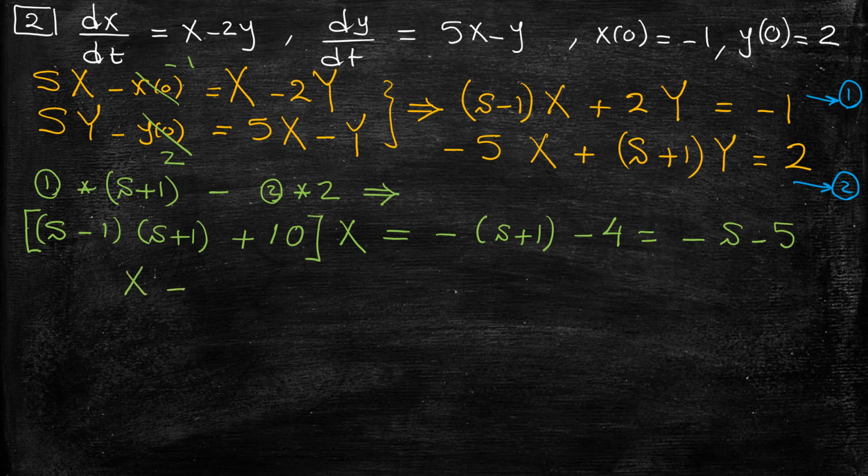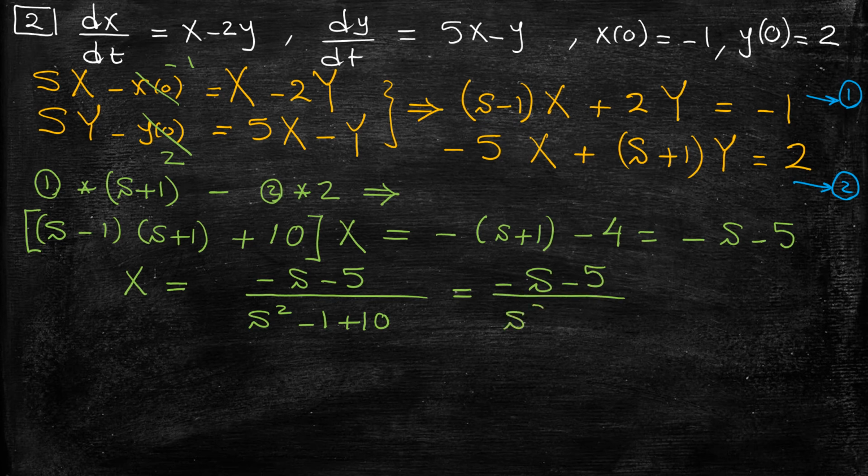So X here, doing some quick simplification, will be s squared minus 1 plus 10, which is s squared plus 9, equals minus s minus 5, so X equals minus s minus 5 over s squared plus 9. Doing this partition, this will be minus s over s squared plus 9, and we have minus 5 divided by s squared plus 9.